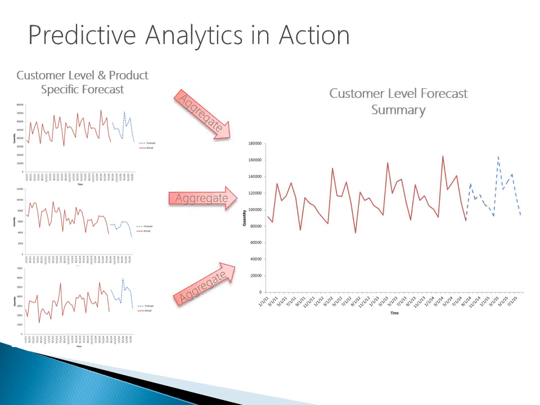The next step is then to aggregate the sales from all the individual products into a summary level forecast. That's essentially what we've done here. We can see the forecast now for the customer, red being the actual, and the dotted line being the projection, now rolled up. And I think it makes sense.